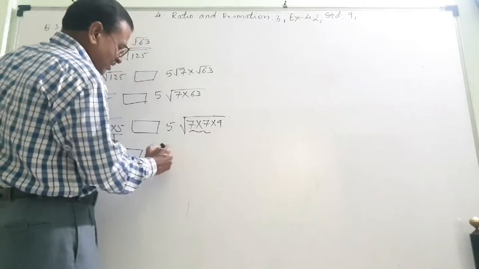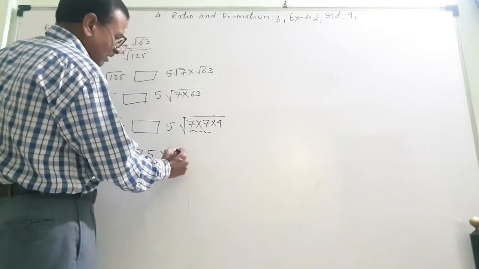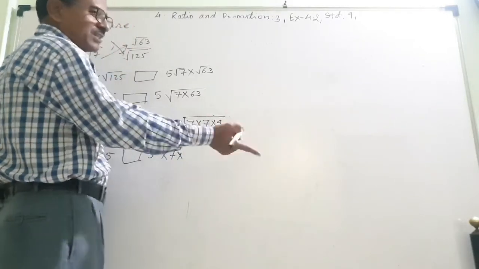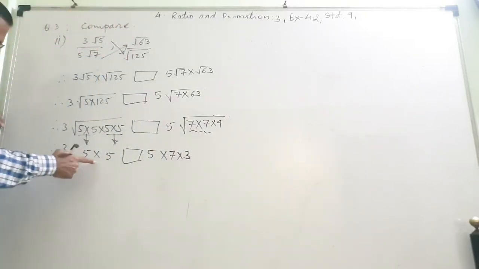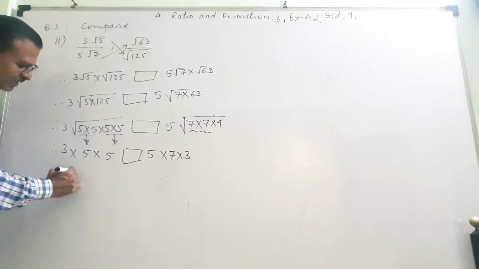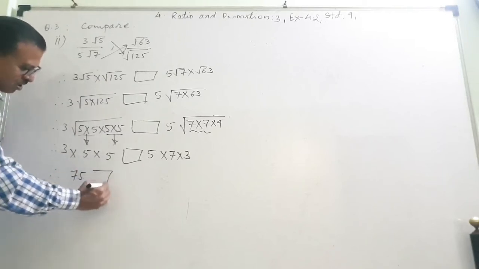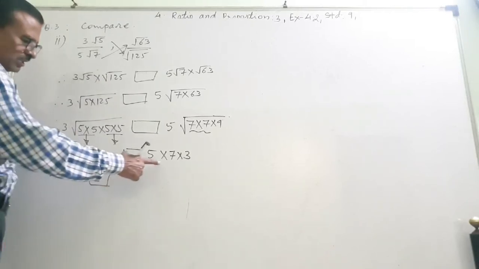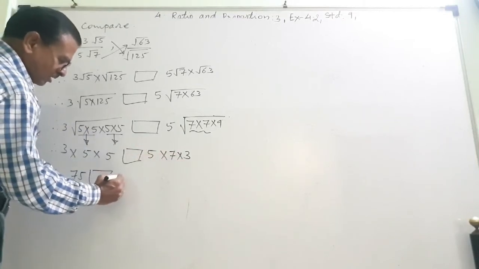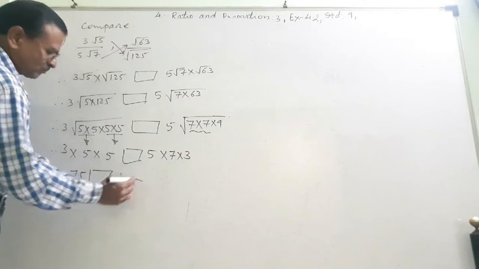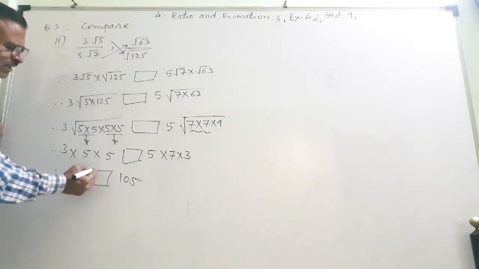Square root of this, 7 into 7 is 7, into square root of 9. 9 is the square of 3. The square root is 3. Therefore, this is 5 5s are 25, 25 3s is 75. Box. This is 7 3s are 21, 21 5s are 105. Now you can decide which is greater. So this is greater.